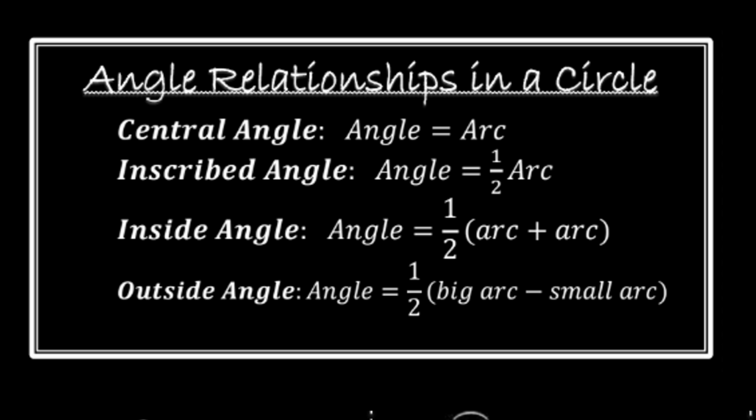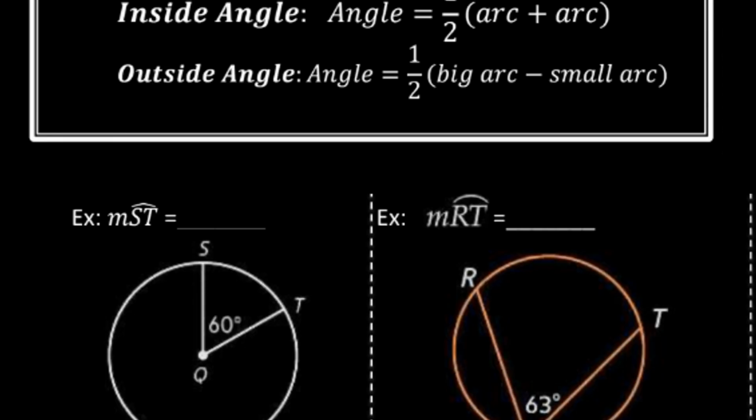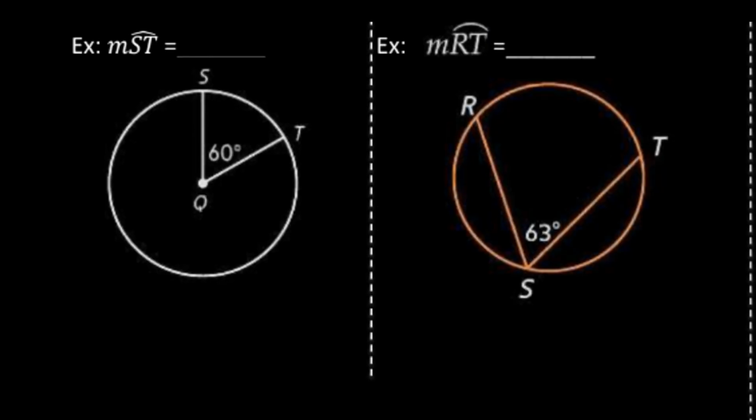Yes, an inscribed angle is an angle in the side of the circle. So if we look here, this is an inscribed angle because the vertex ends in the side of the circle, in the arc of the circle.